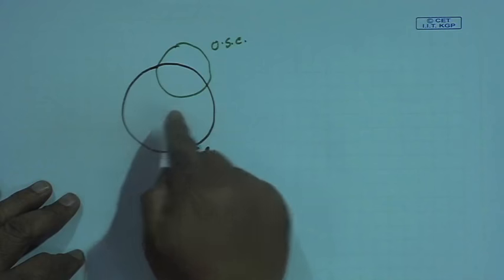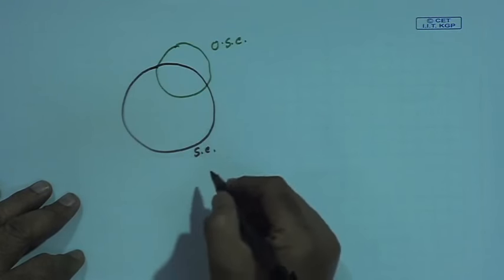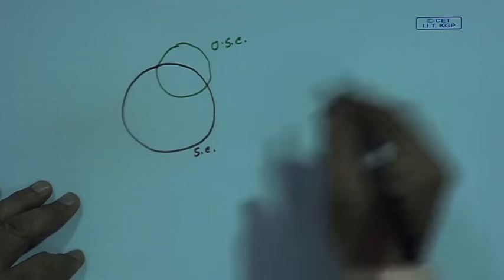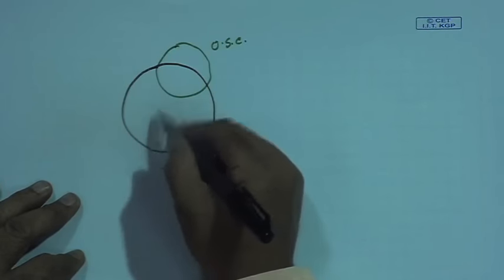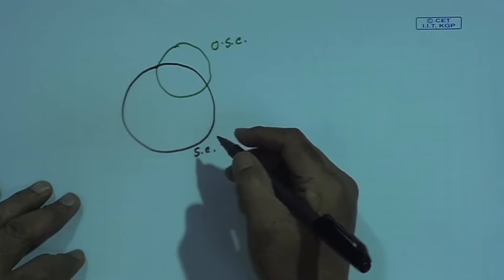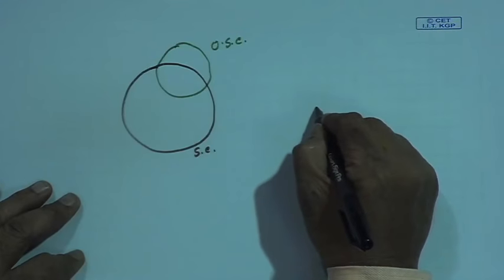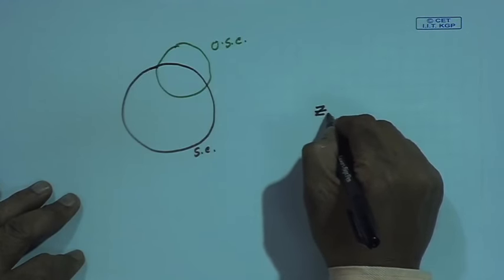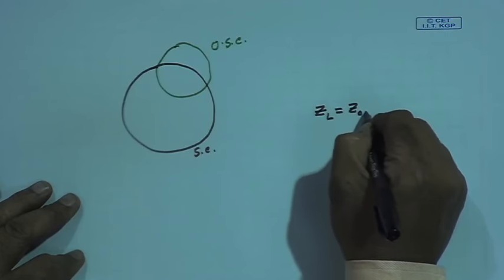Now, to determine whether this region is stable or that region is stable, let me make a choice in my mind that ZL is equal to Z naught.